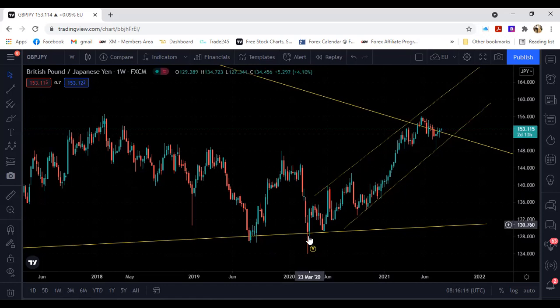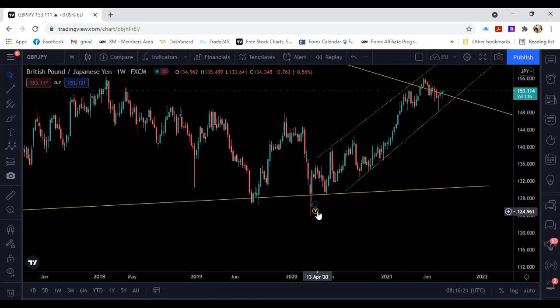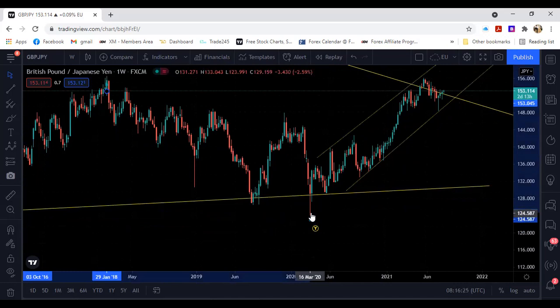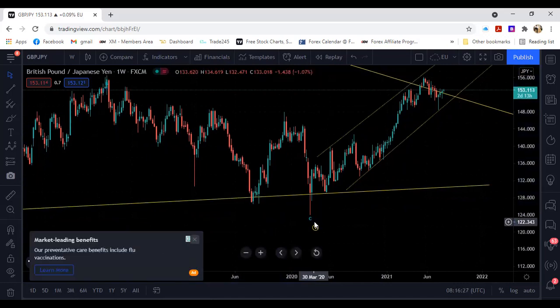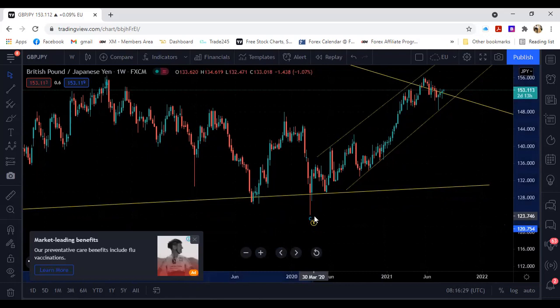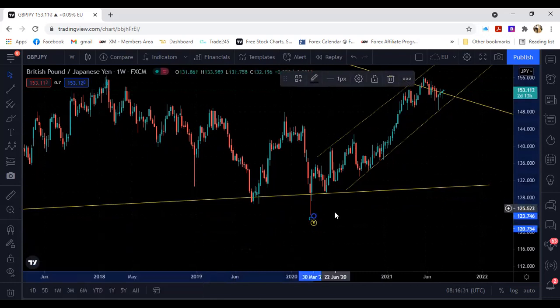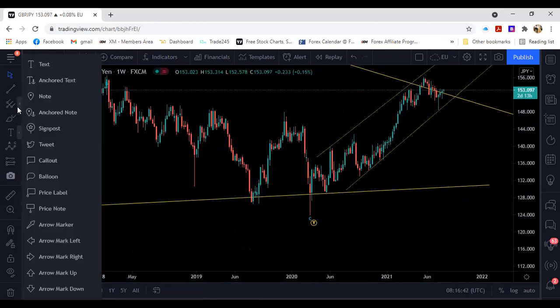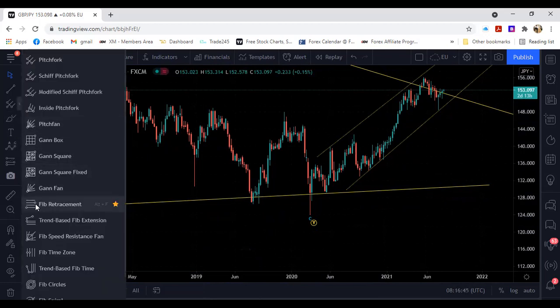But before we go anywhere, you can see that there was an impulse here in the correction. So if you are to measure now using my strategy, our strategy, if you are to measure from this point, because this is a month, this is a weekly, right? So on a weekly, if you take your Fibonacci and place it there, it can show you the Fibonacci retracement.